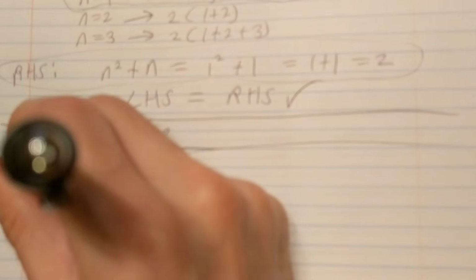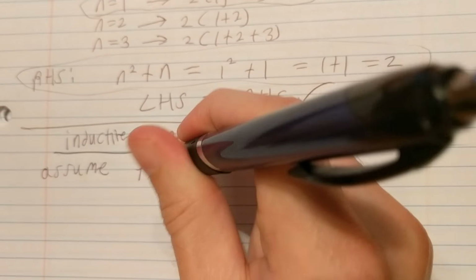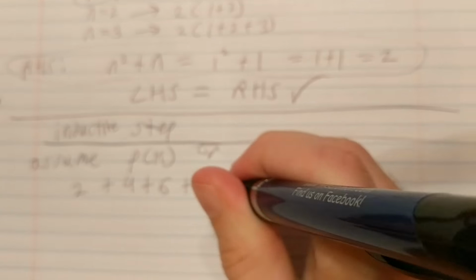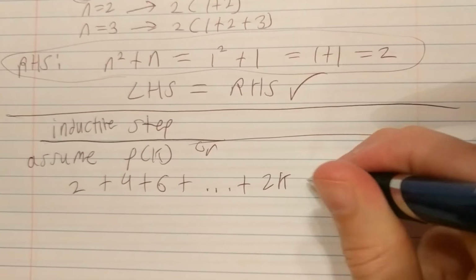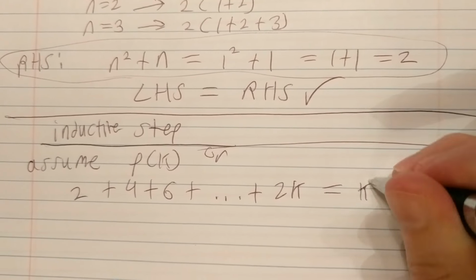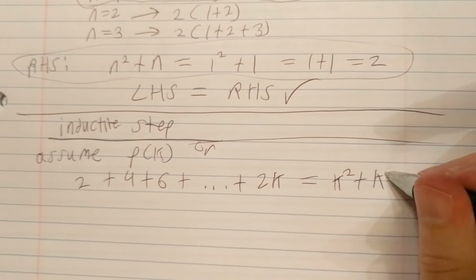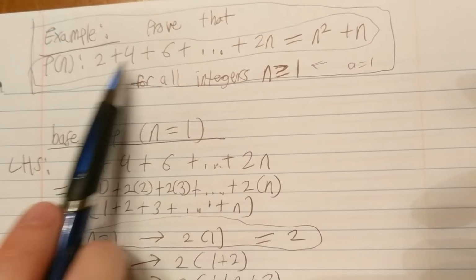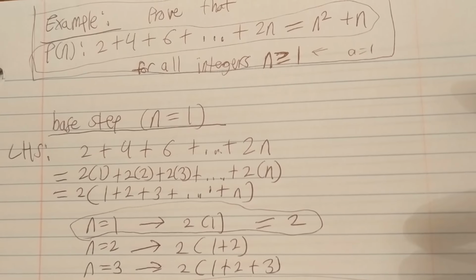So we are assuming here that P of k is true, or that 2 plus 4 plus 6 plus ... plus 2k is equal to k squared plus k. Basically, we're just plugging k into P of n to get P of k.